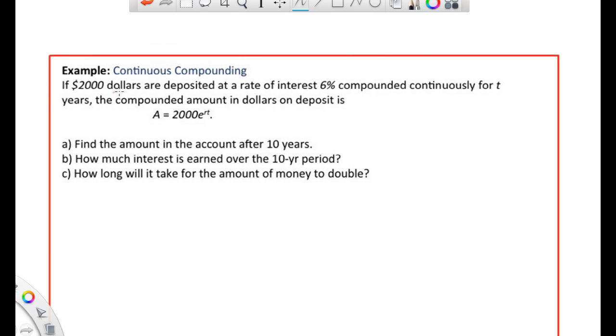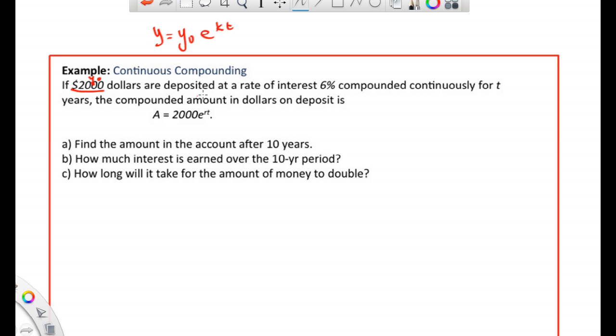If $2,000 are deposited at a rate of 6% compounded continuously for t years, the compounded amount in dollars on deposit is A equals 2000 e^(rt). They filled in the 2000, so that is the starting amount, your y sub 0.